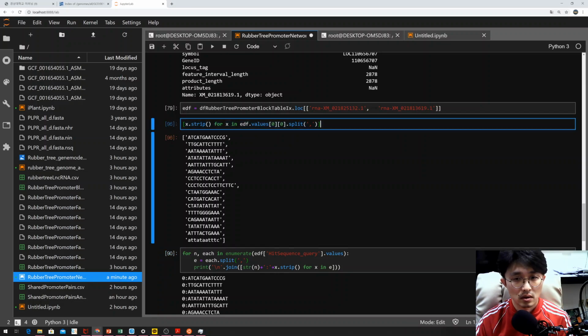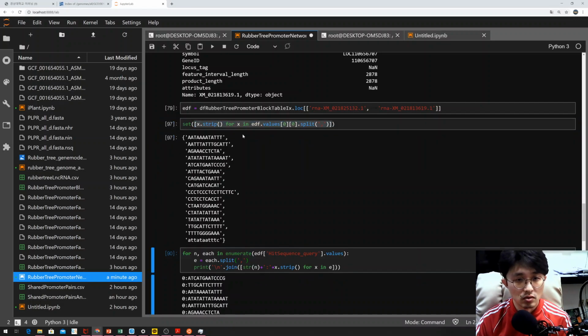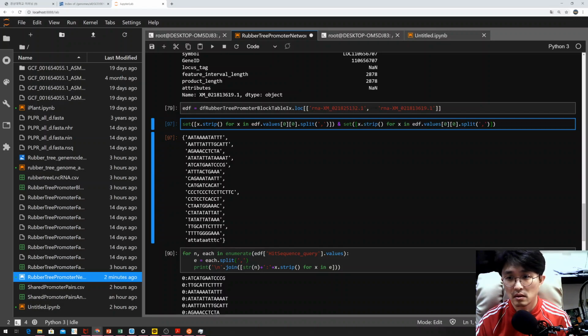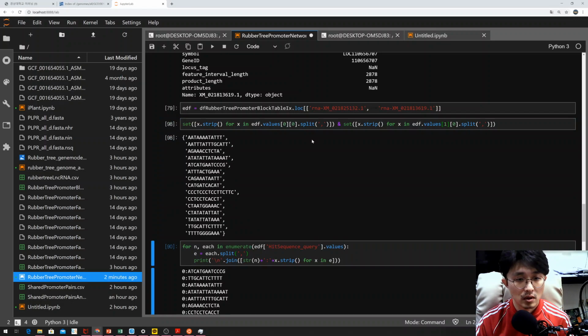Okay, and I will change this into set and set. Okay, then these sequences are all shared. All shared.